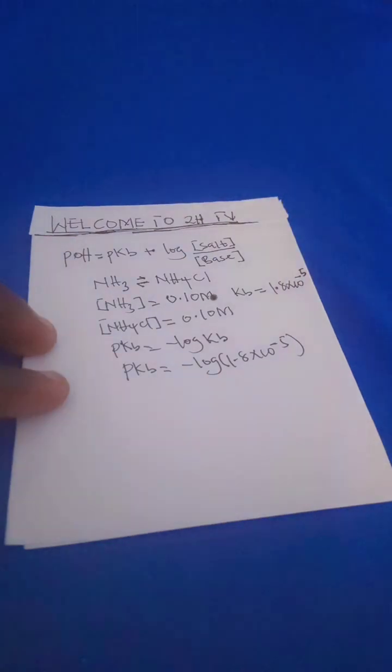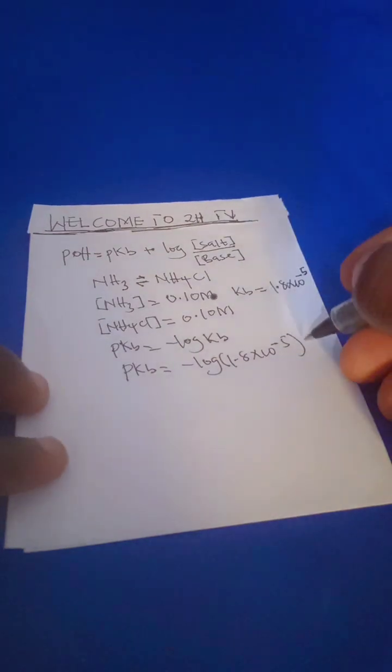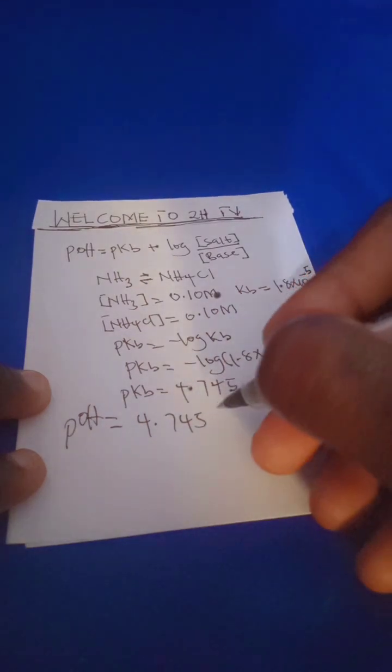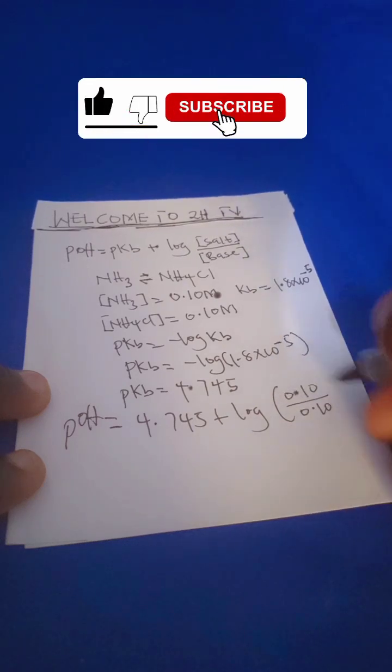So when we quickly input that, we will get 4.745. So we are getting the pKb value to be 4.745. So now we can quickly insert our values. So our pOH is equal to 4.745 plus log of 0.10 divided by 0.10.